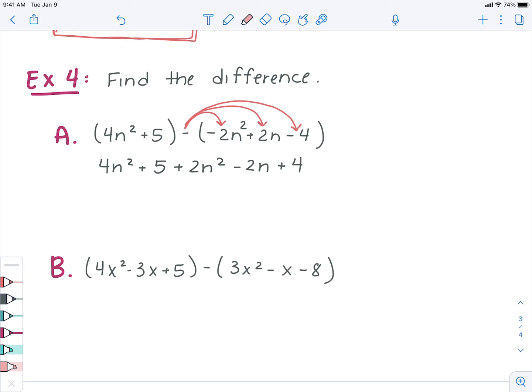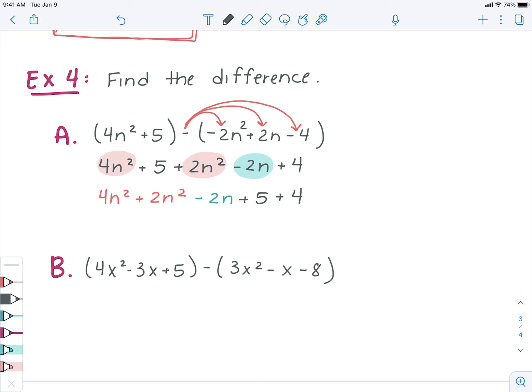So I can say, okay, 4n squared and 2n squared. So I have a 4n squared plus a 2n squared. Then I just have 1 negative 2n, and I have a positive 5 and a positive 4.